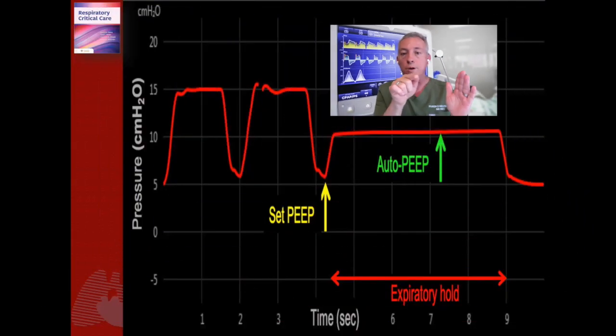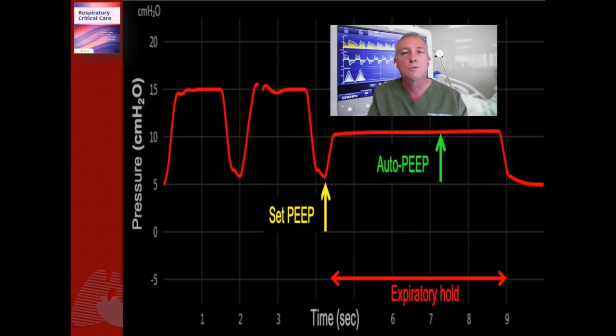If you have no auto PEEP, once you create the pause, the flat portion will remain exactly the same, indicating that there's no changing PEEP. The circuit PEEP is the same as the intrinsic PEEP, so no intrinsic PEEP. But once you apply the pause, if there's a bump, the magnitude of that bump, which you can actually scale, indicates the amount of inadvertent or intrinsic PEEP.